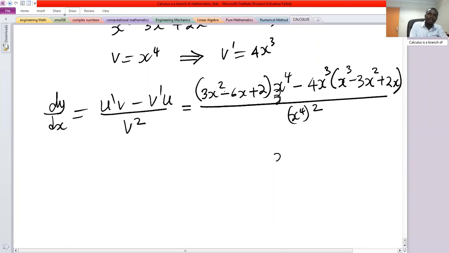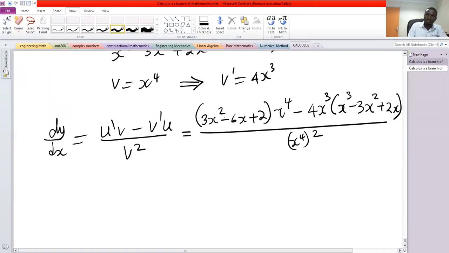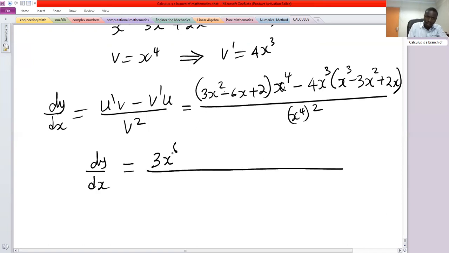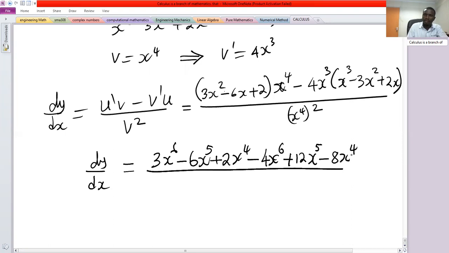So by that, we now simplify. So I'll have dy dx: 3x power 6 minus 6x power 5 plus 2x power 4 minus 4x power 6 plus 12x power 5 minus 8x power 4.